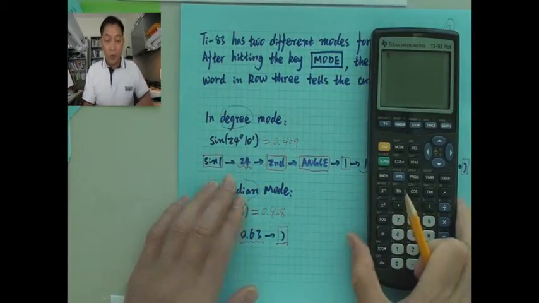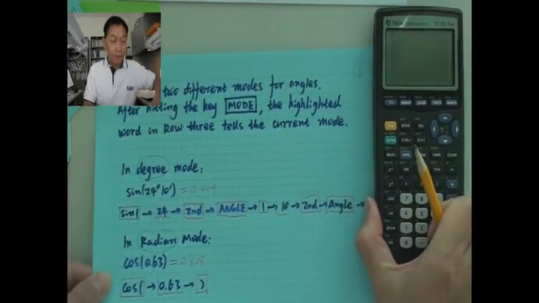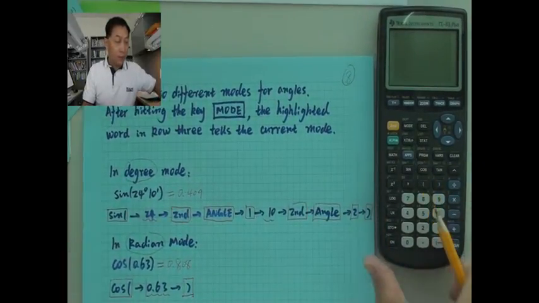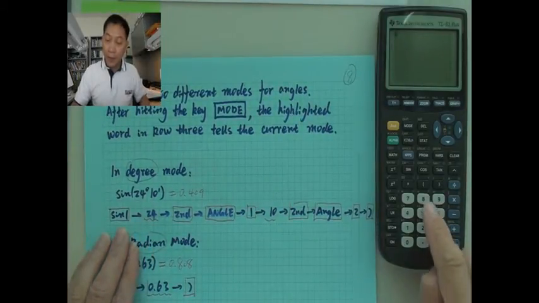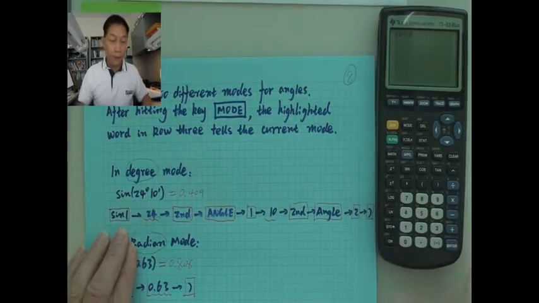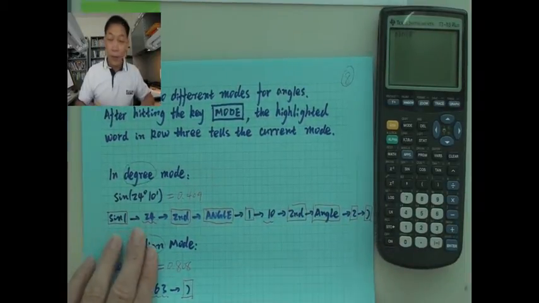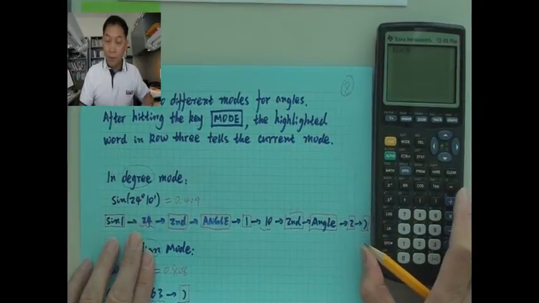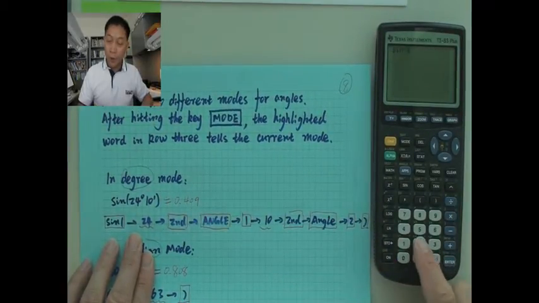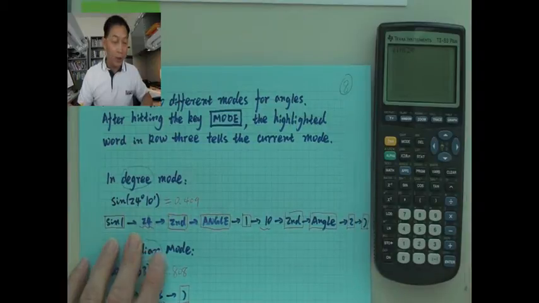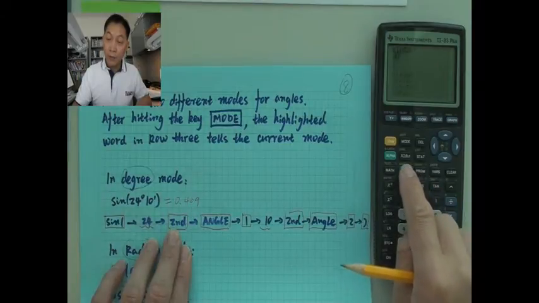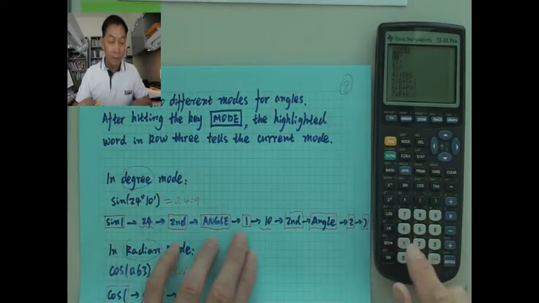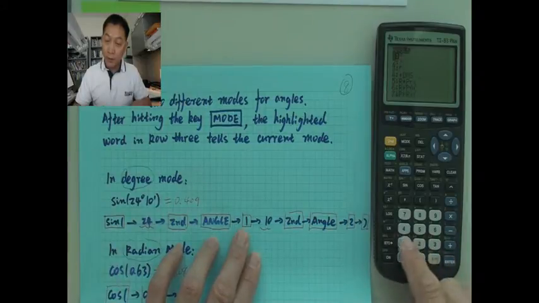Now, how to calculate that? Here are the steps. Step 1 is hit sine. Then you input 24. It has to be in degrees. Then you hit second, angle, number 1, or you may hit enter. So 24 degrees shows up.